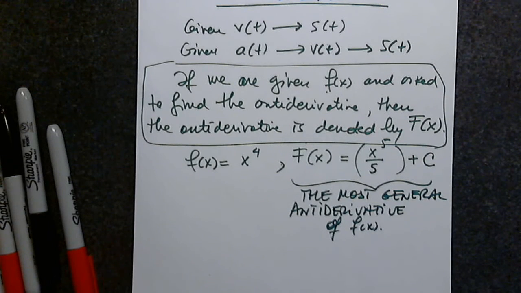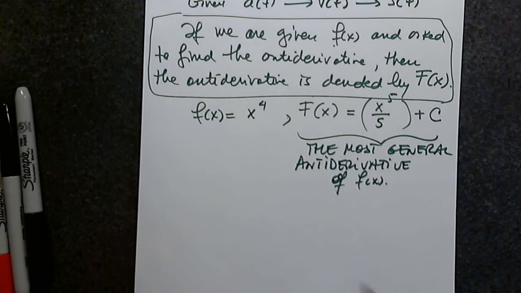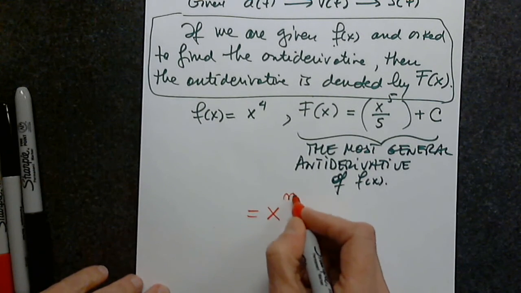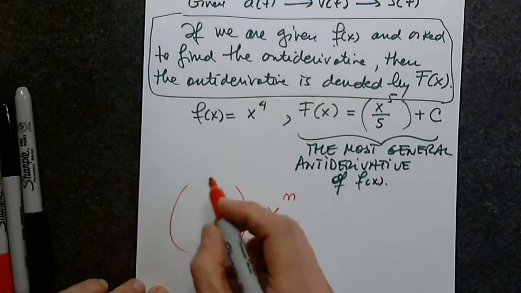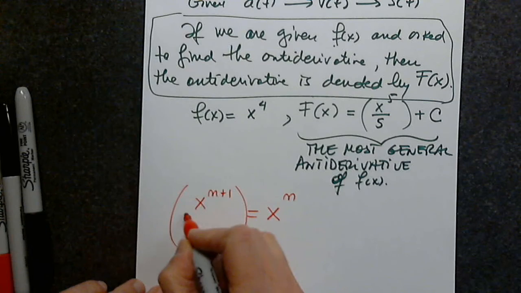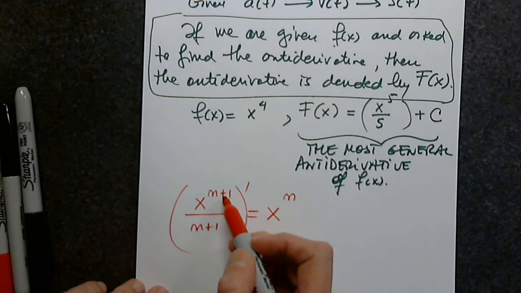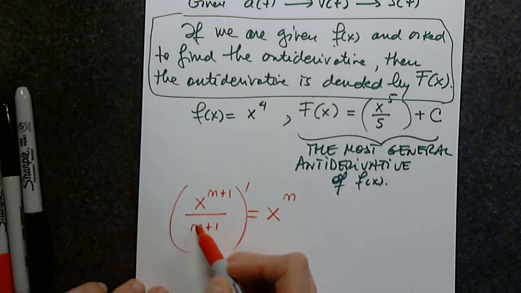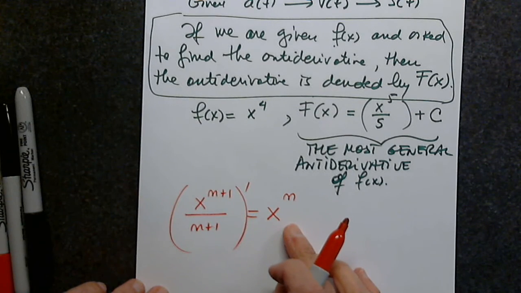So now let's explain how we got that. In order for the answer to be x to the nth power, obviously I have x to the n plus first over n plus first to differentiate. When I differentiate x to the n plus first, I bring down n plus first, which will simplify with the denominator, and I subtract 1 from the power.